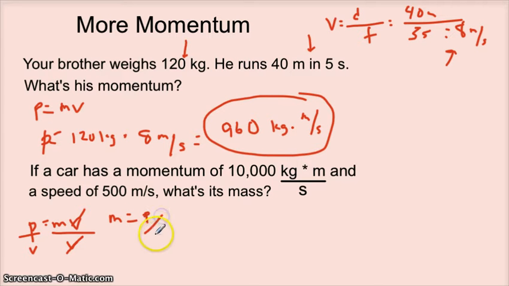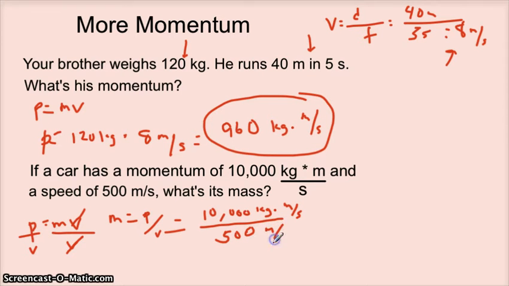Momentum over velocity. So let's see what we have. P, the momentum, is 10,000 kilograms times meters per second over 500 meters per second. So in finding the mass, what value are we looking for? I think we're going to be looking for kilograms.